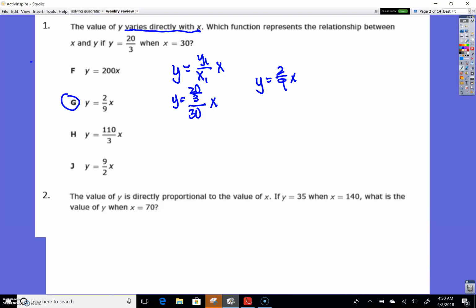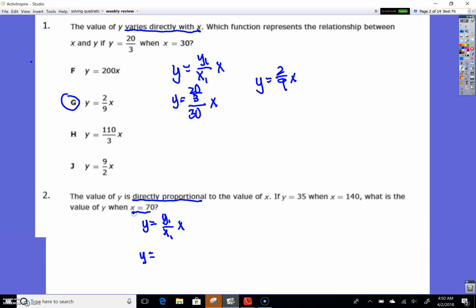Okay. Number 2, the value of y is directly proportional to the value of x. Directly proportional. It's sort of the same thing as saying varies directly. Okay, so y equals y1 over x1 times x. I'm writing down the formula. Now I substitute.